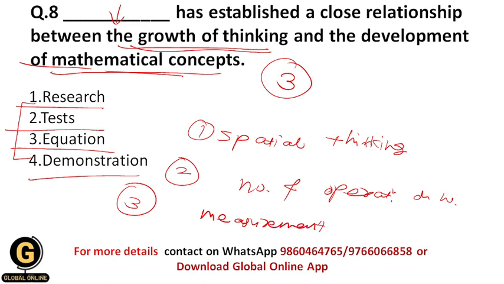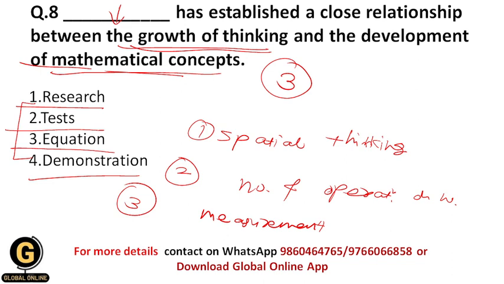So basically students, the children go from their primary school towards the higher secondary schools. As they grow, their mathematical concepts as well grow.